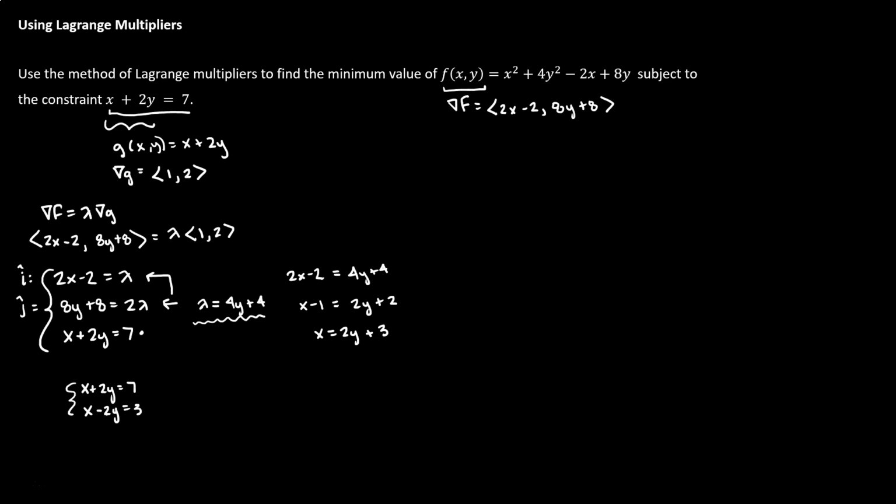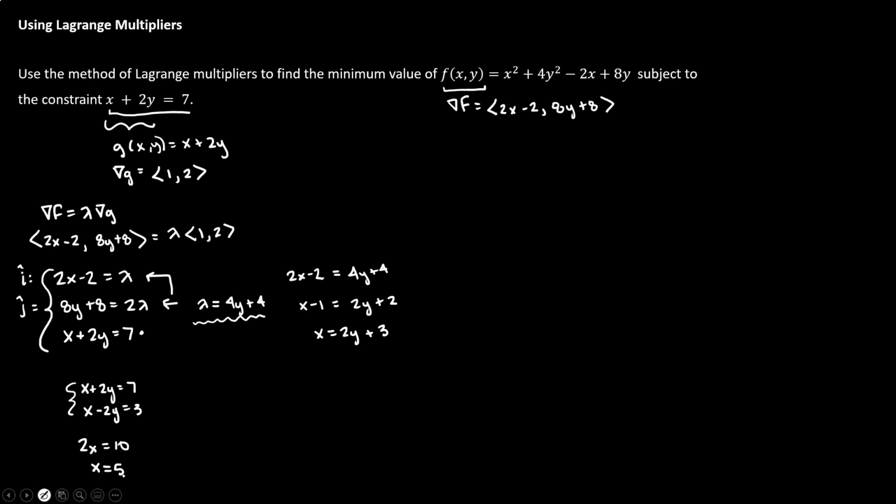Using elimination, I can add these 2 equations together to get 2x. The y's cancel out, equals 10, so we're able to find x equals 5. Notice here, we did not find any value for lambda. Instead, we just used lambda as a stepping stone to find a value for x.